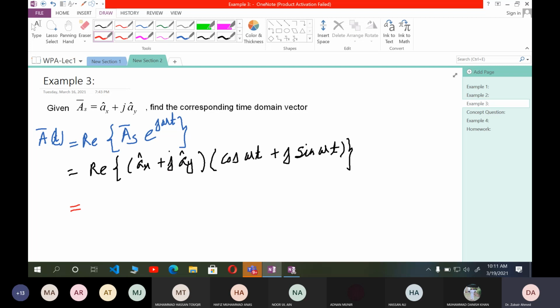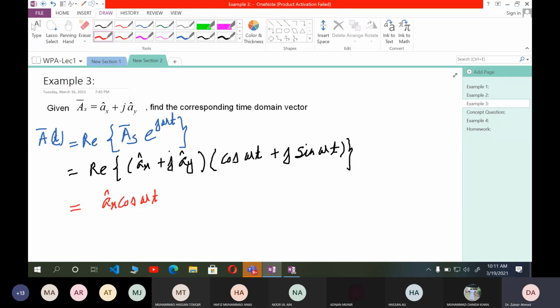So this a_x unit vector will be multiplied by all these terms, and j a_y will also be multiplied by these two terms. For the first term, a_x unit vector, what is the real part when a_x is multiplied by these? Cos ωt, sir. a_x unit vector cosine ωt. Please don't forget this a_x unit vector too, because we are talking about vector phasors now.